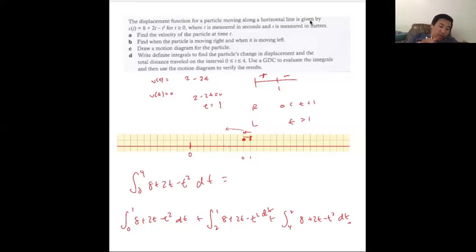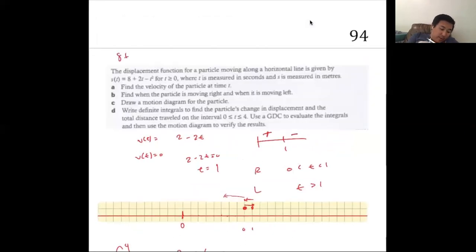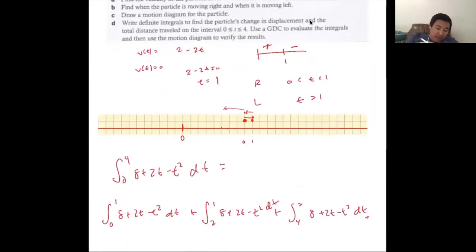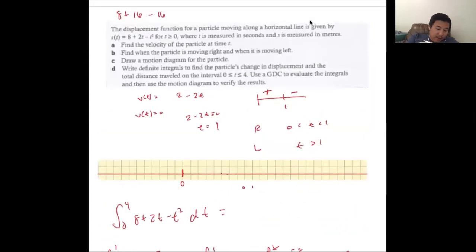If you plug in 4, you get 8 plus 8 plus 16 minus 4 times 4 squared is 16. Let's redo this measurement. Plug in 0, you get 8. Plug in 1, you get 9.